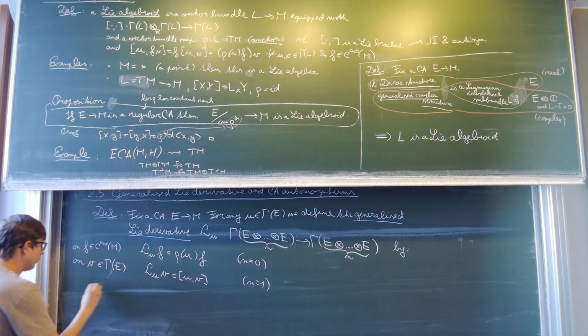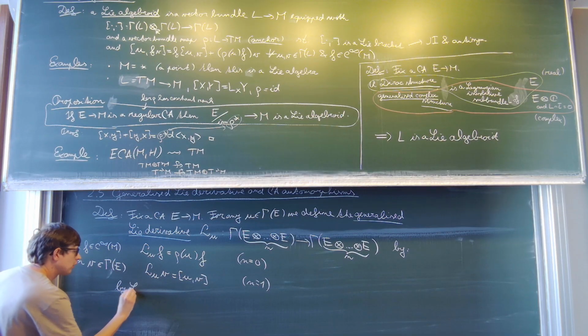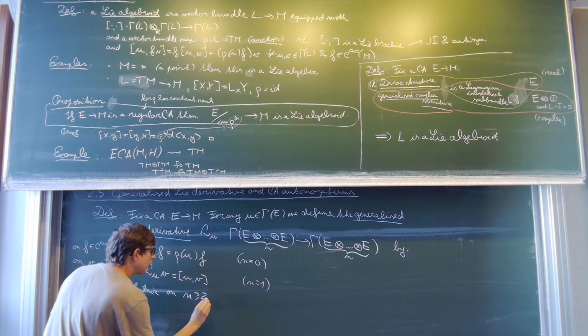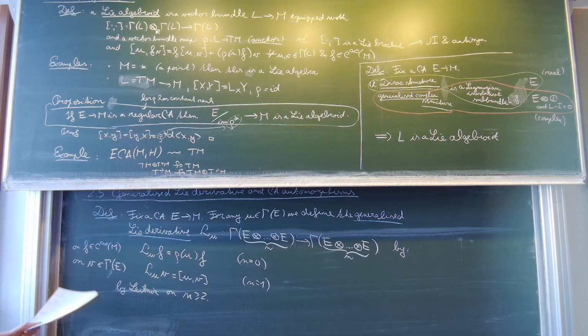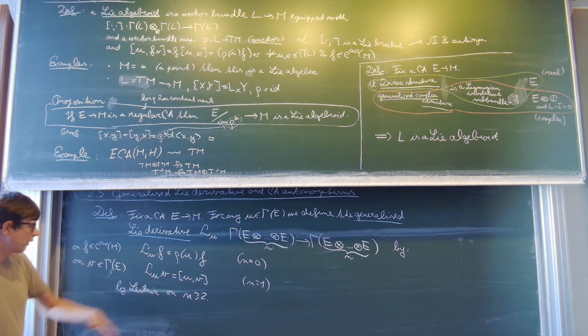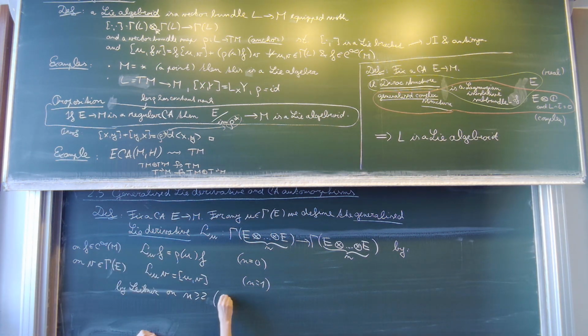And then by Leibniz on higher. Here you have a little bit to check that it is consistent. If you have two tensors, let's say t and u, then you want this to be L_U of t tensor u plus t tensor L_U of u, and similarly for t and t prime.